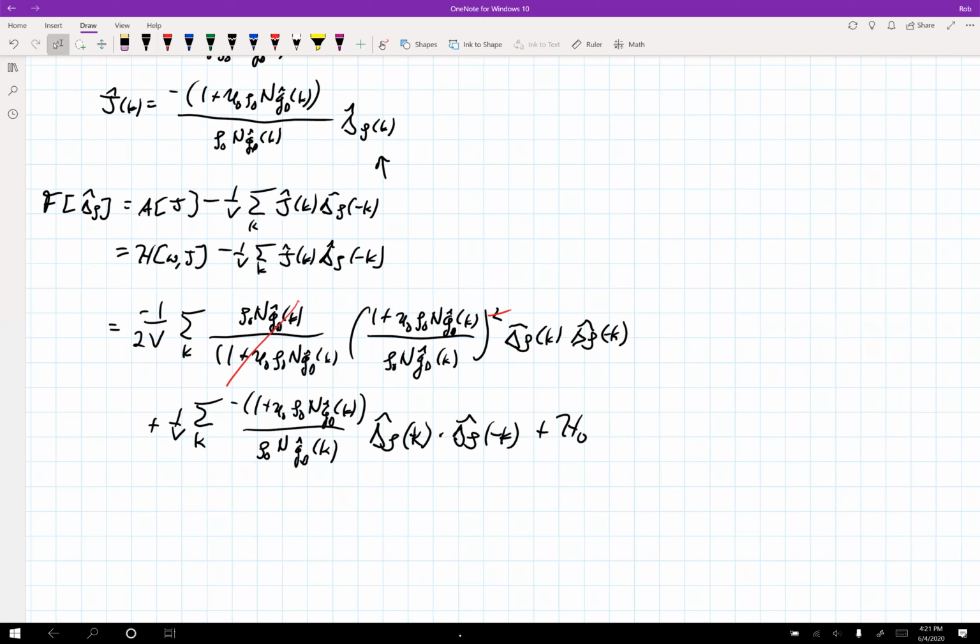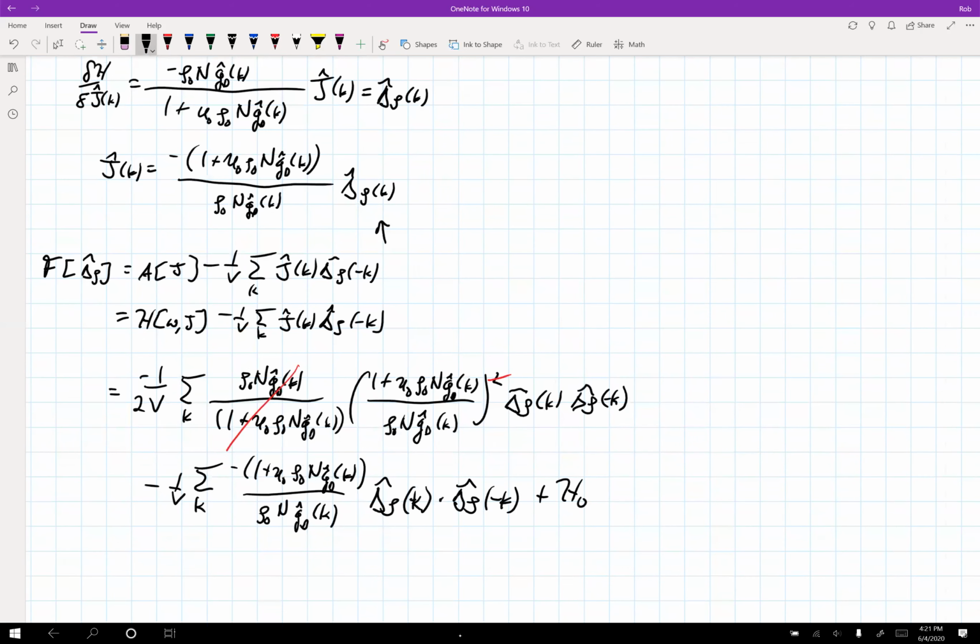The thing to notice here is that after we cancel out this first term, this first term is gone. What did I mess up? Sorry, give me just a second. I think I messed up a minus sign somewhere. Oh, yeah, there should be a minus sign in front of this whole term. Right, so this started out as minus 1 over V, just from the definition of the Legendre transform here.